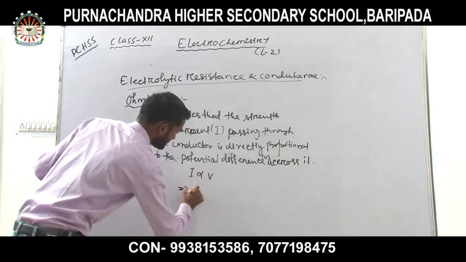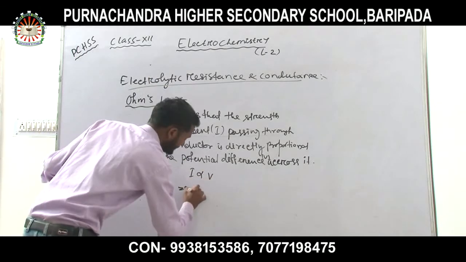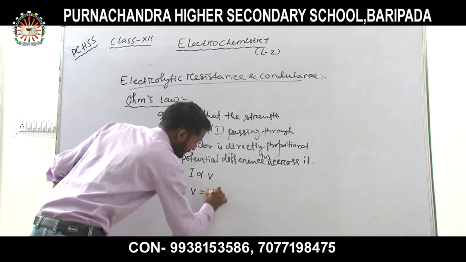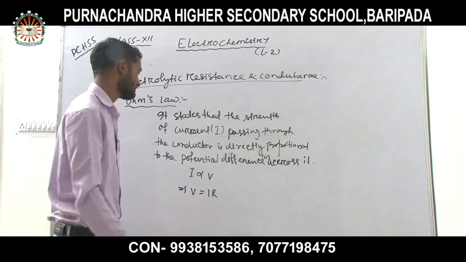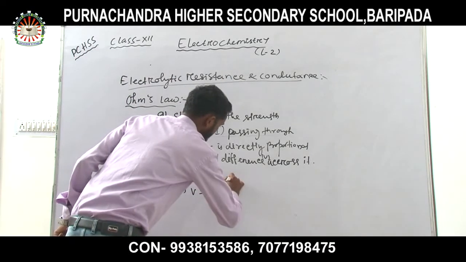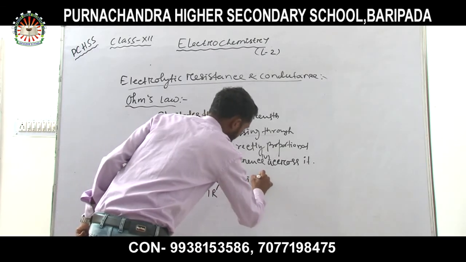Now, I is directly proportional to V. That means V is equal to IR. R is a proportional constant which is known as the resistance.